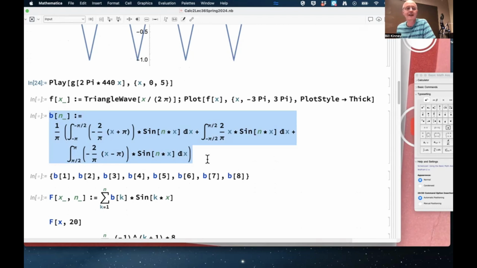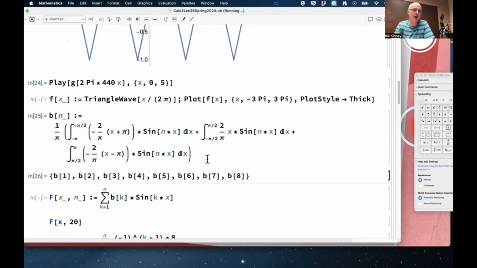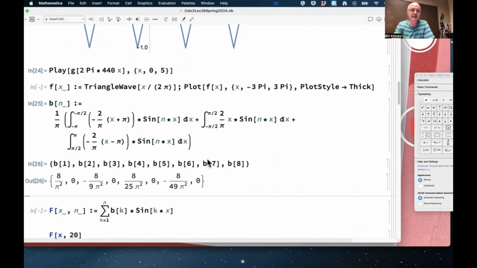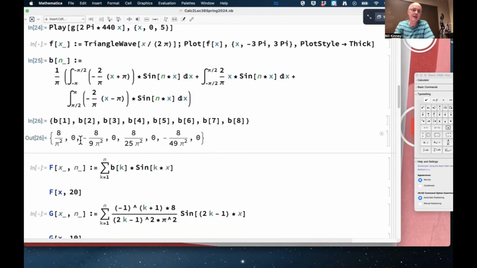Calculus 2: integrals of functions times cosines and sines at different frequencies. They're typically called A and B. These B's are coefficients of ultimately some sine functions. You do see they have interesting patterns here with this triangular wave example. They're all multiples of a fraction over pi squared, amazingly.